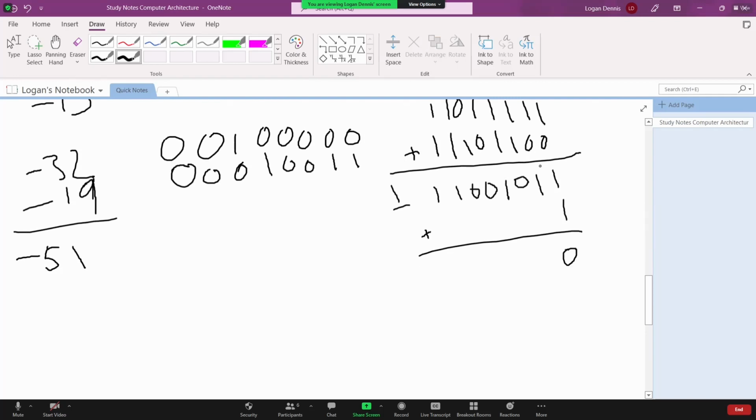You just literally leave it. Depends on what complement you're using. Because I added it back in and I got it wrong, because you're not supposed to. So you just really have to be sure if you're doing ones or twos. Yeah, okay. So this is how you represent negative 51 in one's complement.